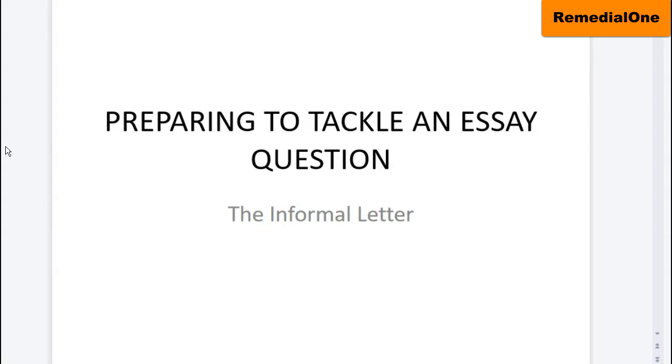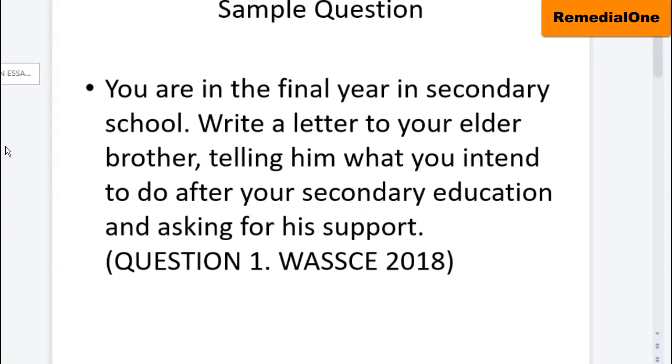You're going to look at your question carefully and look at the main points in the question. What we have here tells us that we are supposed to mention what our plans are once we leave secondary school, and then seek some help or assistance from the recipient who is supposed to be our elder brother.